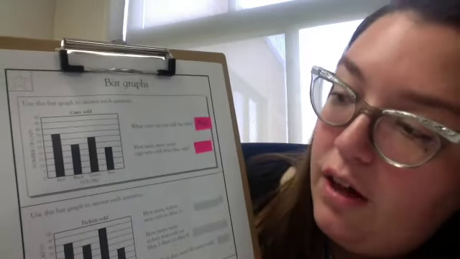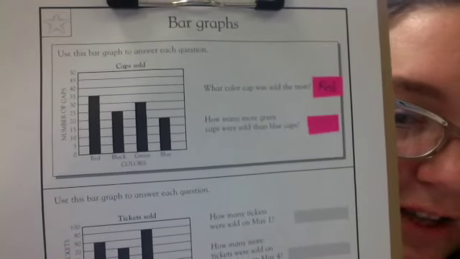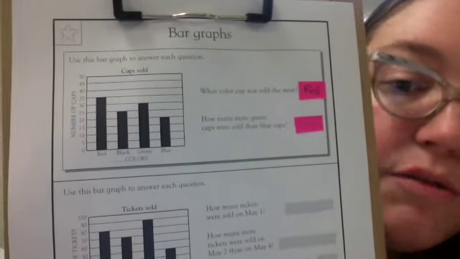So green. Let's remind ourselves how many green caps were sold. It looks like it's at 30. So 30 for green. I'm going to write that down. So green, 30 were sold, okay? And then blue, let's take a look at blue. It looks like it's at 20. So blue is at 20.